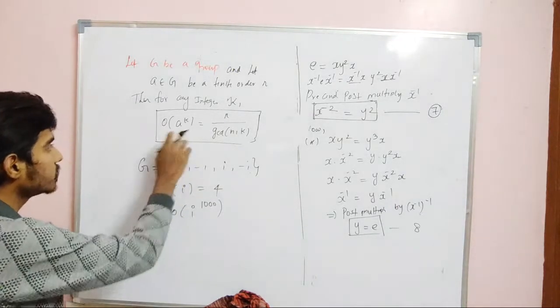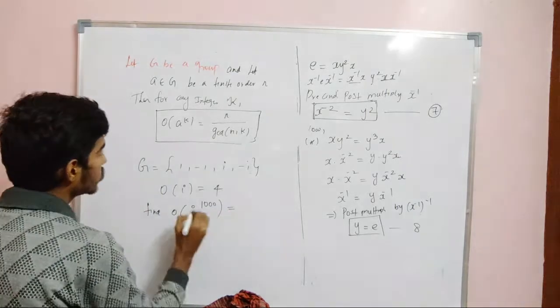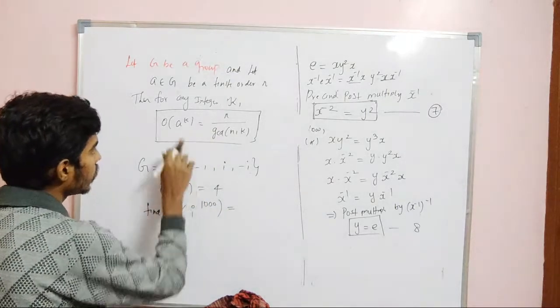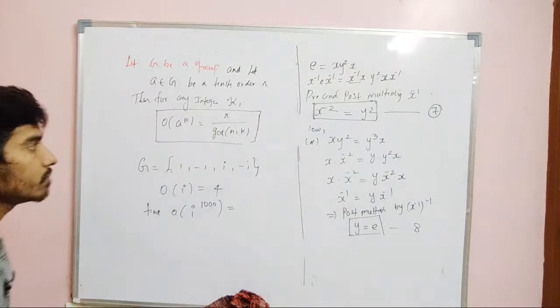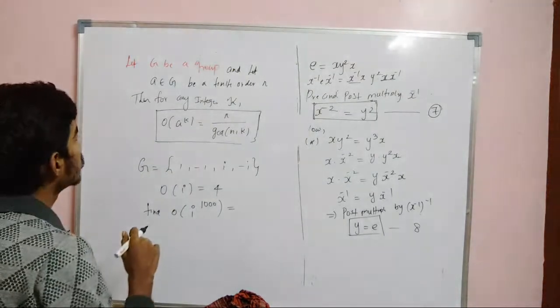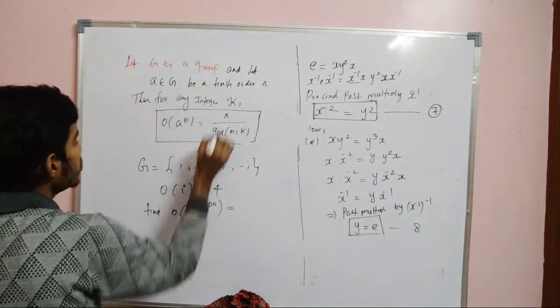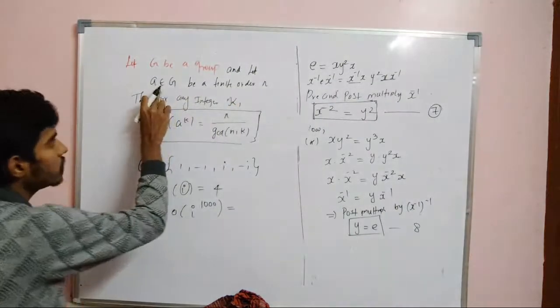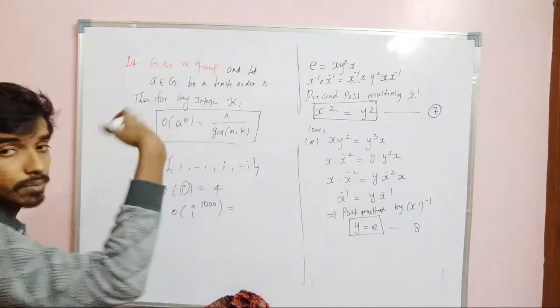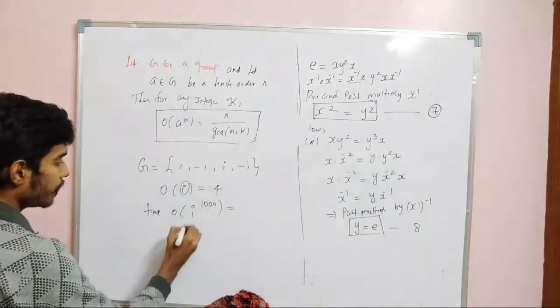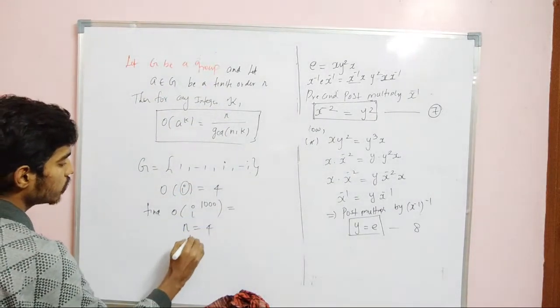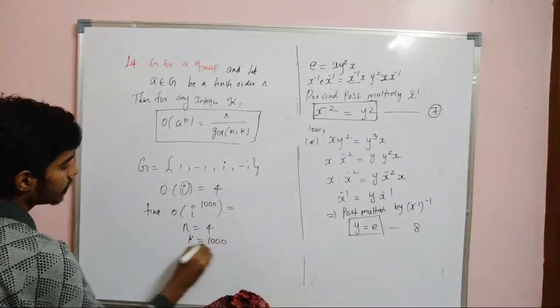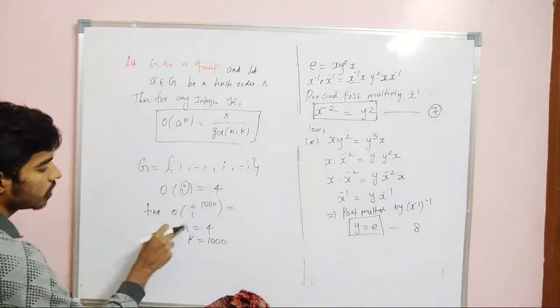So with the help of this result, what we can do is, just compare here. Order of a power k is equal to n by GCD of n comma k. You can see n is the order of i, right? N is the order of the element we are choosing and k is the power we are raising. So if we compare here, n is equal to 4, k is equal to 1000, because the order of i is 4 and k is 1000.